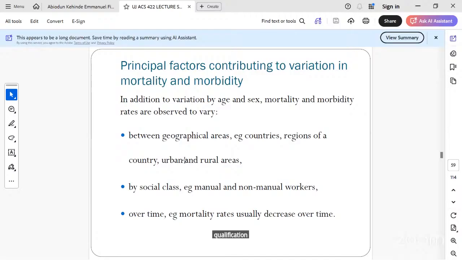They cause mortality experience to differ from a location to another, and from an individual to another.